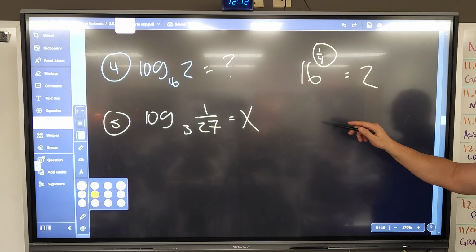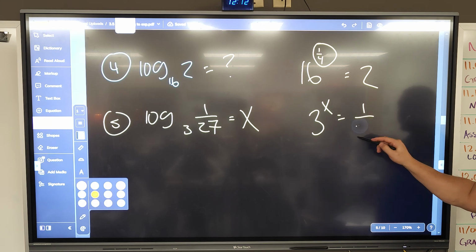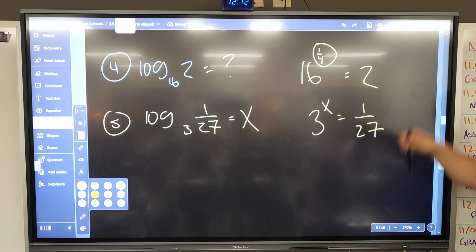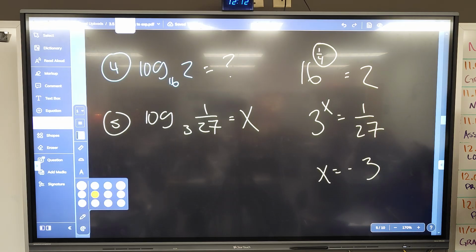Okay. 3 to what power is 1 over 27? Well, 3 to what power is regular 27? 3, right? 3 times 3 is 9. 9 times 3 is 27. So 3 3s, right? But it's down below. So negative 3. The negative brings it down. Does that make sense? Yes.